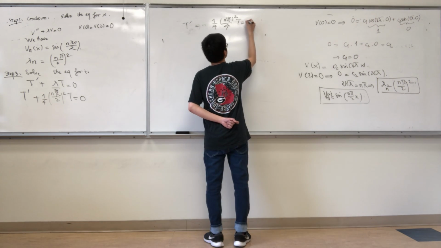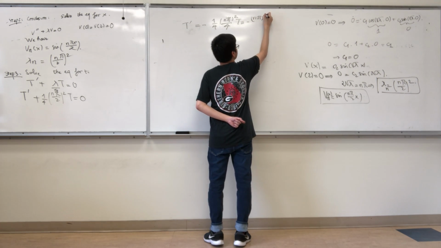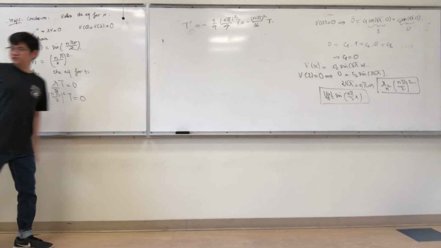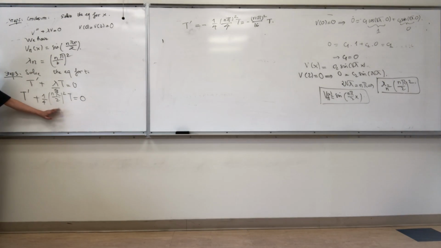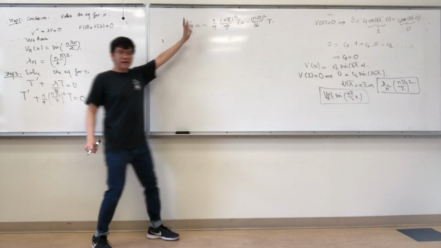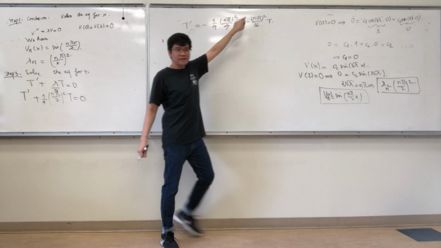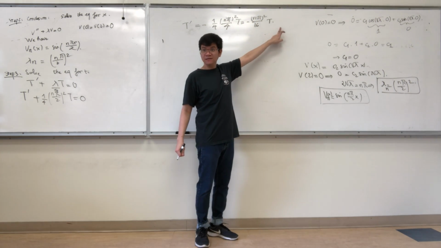Right? So this is minus n pi squared over 16 of t. Right? So to solve this equation, you put everything to the right side.